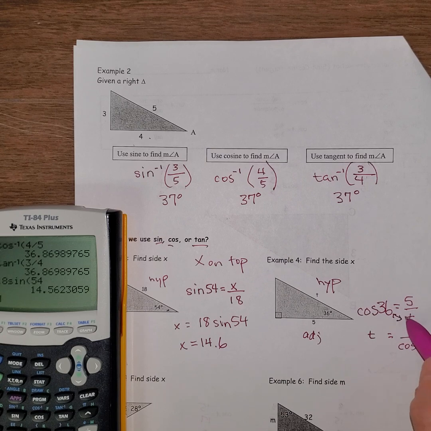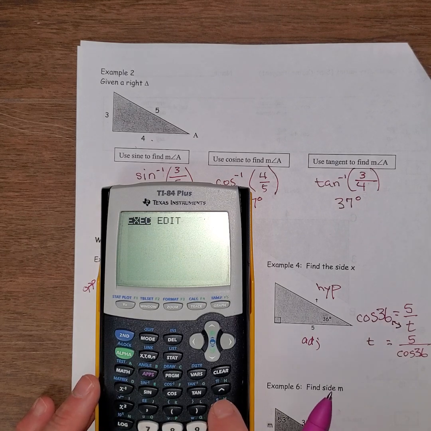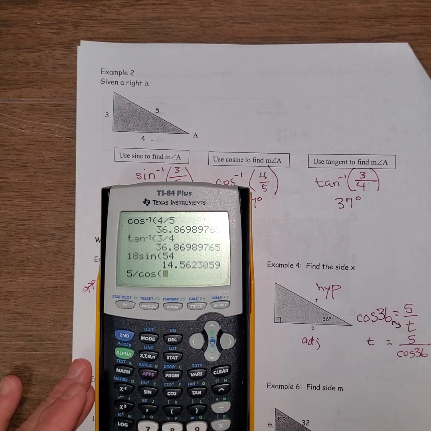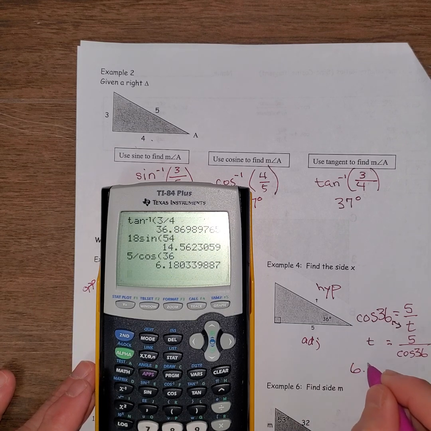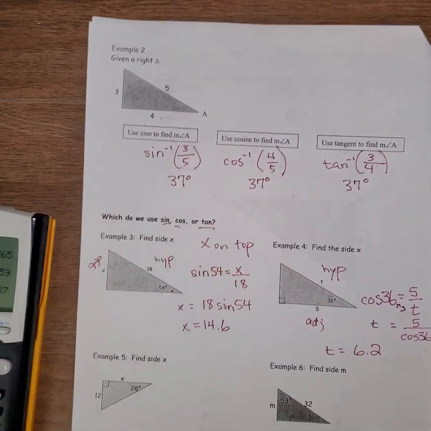These just switch places. So you use your calculator and divide. You say 5, don't forget divide, 5 divided by cosine, don't forget the cosine, 36, and hit enter. And so that's 6.2. So t is 6.2, the length of the hypotenuse. Okay, so another problem.